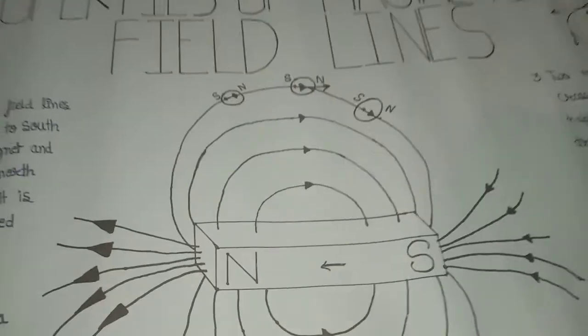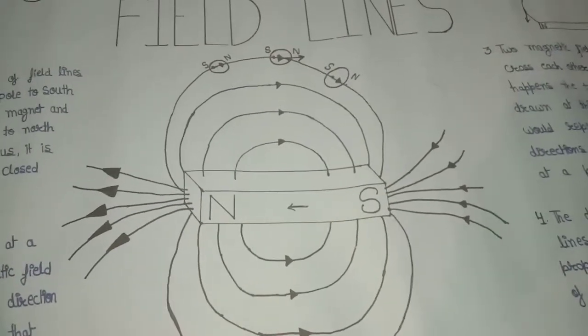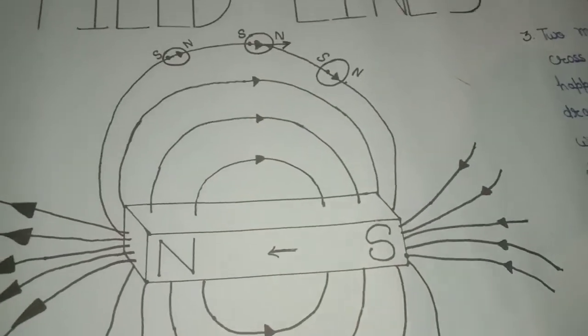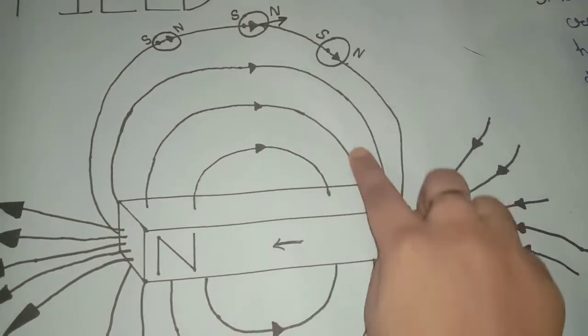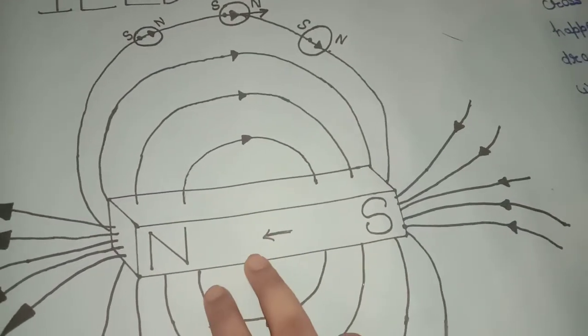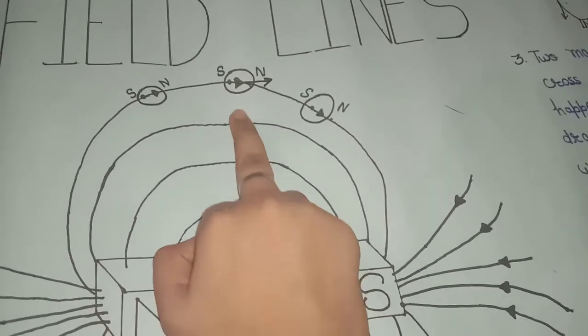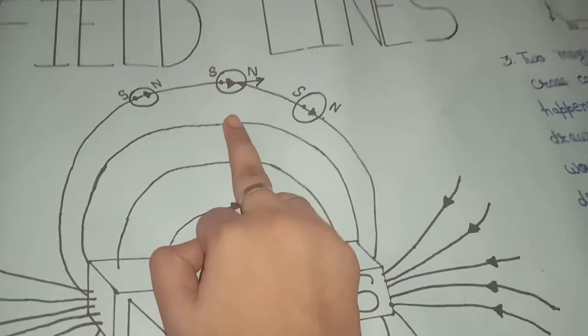So in this project we discussed 5 points. First, magnetic field lines emerge from north pole to south pole outside the magnet and from south pole to north pole inside the magnet. Second, the tangent drawn at a magnetic field line represents the direction of magnetic field.